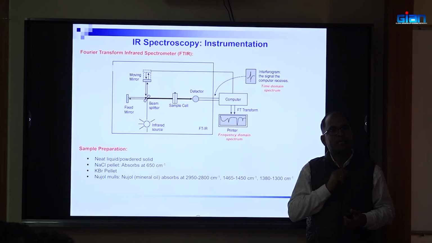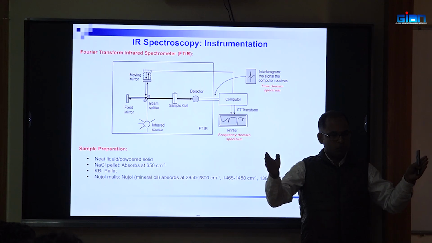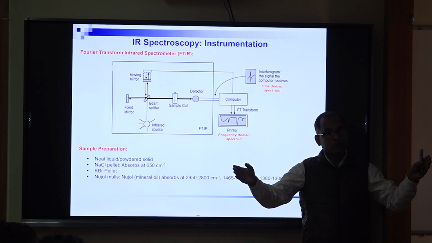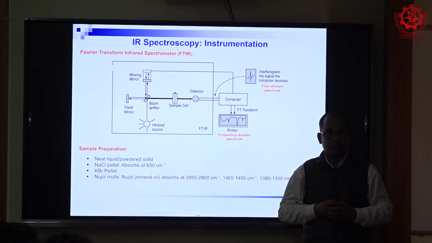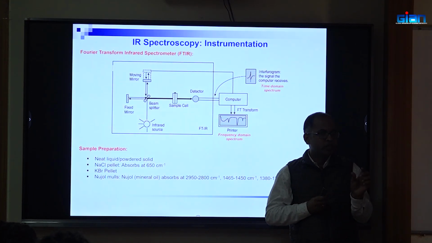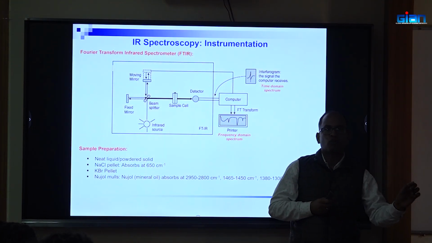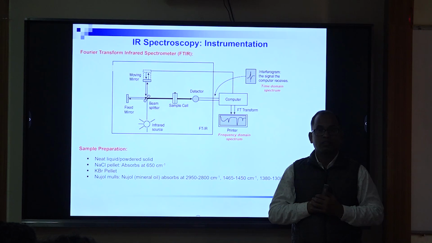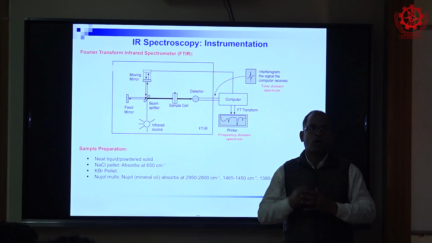Now I will give you an example. You are scanning the spectrum from 400 to 4000 centimeter inverse. In the earlier spectrometer, you gave 400 to 450 centimeter inverse first and saw whether it was observed or not.